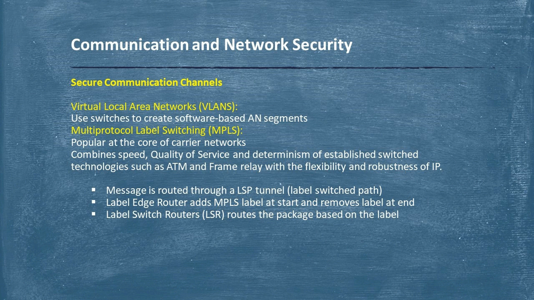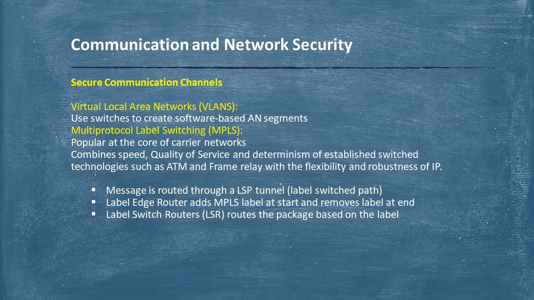MPLS is another protocol, multi-protocol label switching, popular at the core of carrier networks. It combines the speed, quality of service and determinism of established switched technologies such as ATM and frame relay.